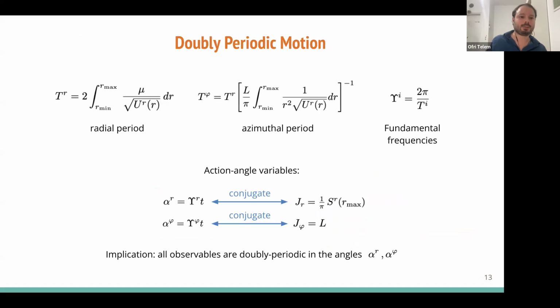You always have a canonical transformation to these generalized coordinates, alpha r and alpha phi. And the idea is that if you solve their equations of motion, they actually change linearly in time. In the context of Keplerian motion, this has a name: it's called the mean anomaly. I don't know, maybe it helps.